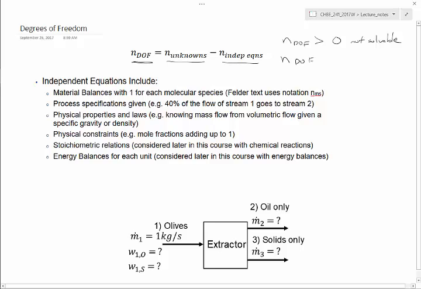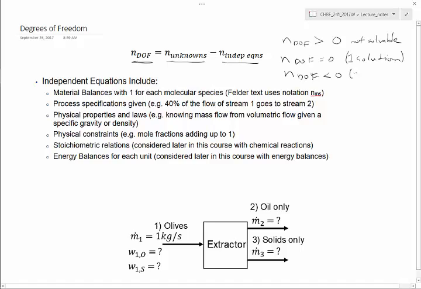If our degrees of freedom is equal to 0, we have one solution. And if our degrees of freedom are less than 0, that means our number of independent equations, our number of equations that we can use to solve, is more than our number of unknowns.